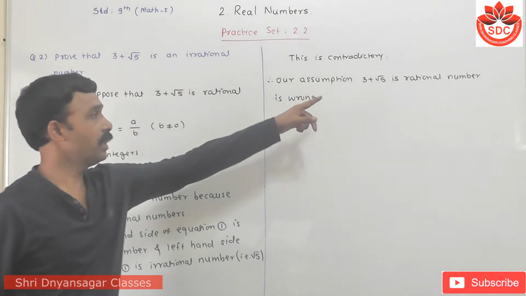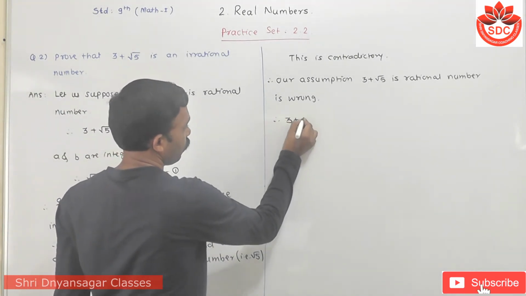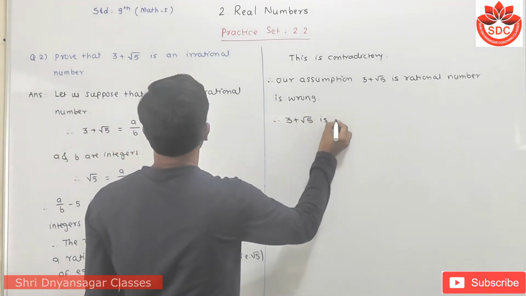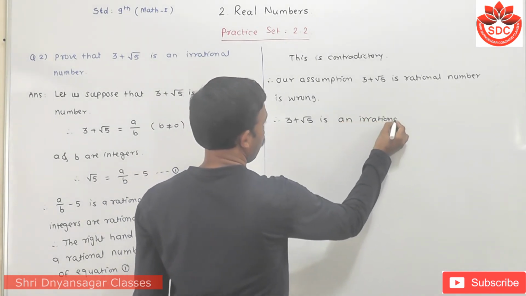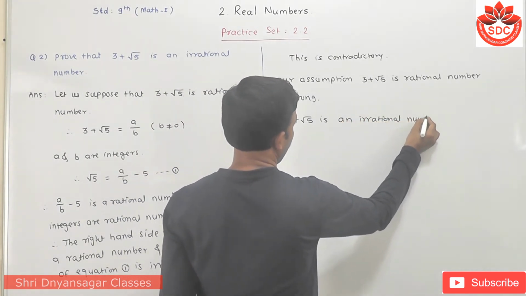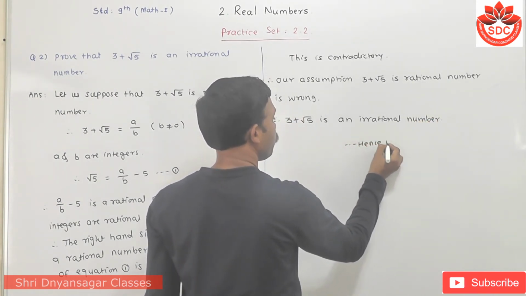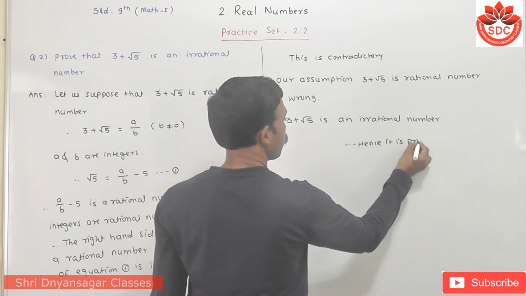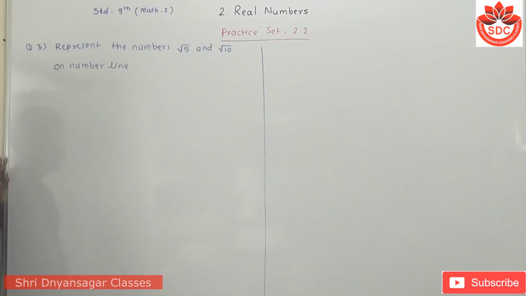This is wrong, which means the original is true. Therefore 3 plus root 5 is an irrational number. Hence it is true. Can you understand this? Okay, let's see the next question.